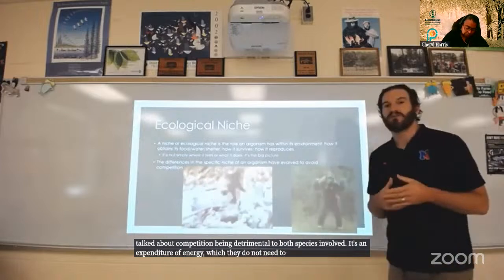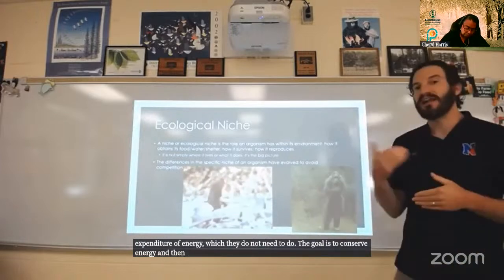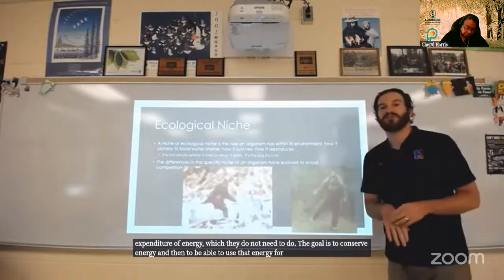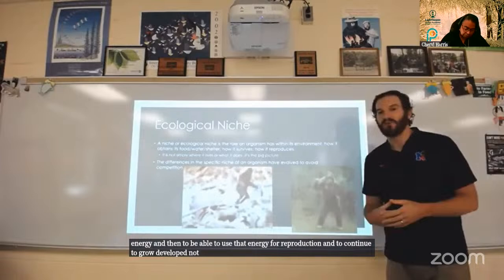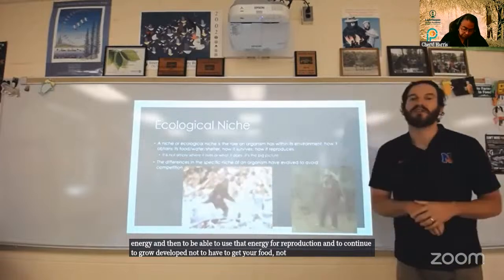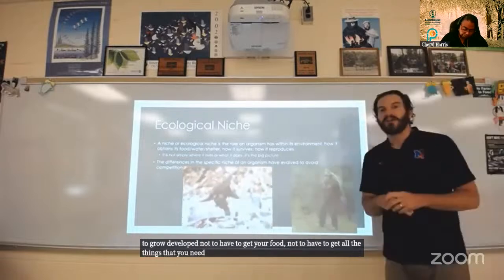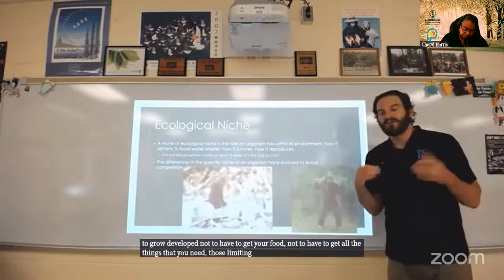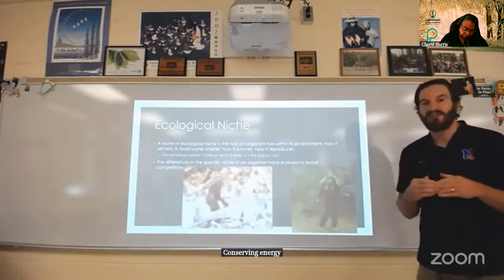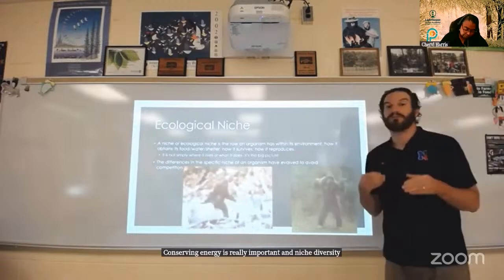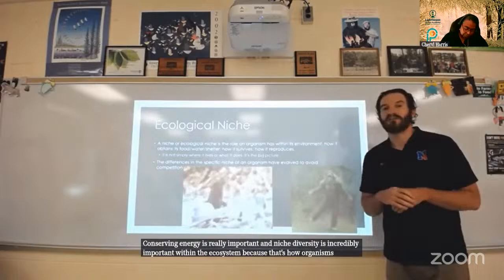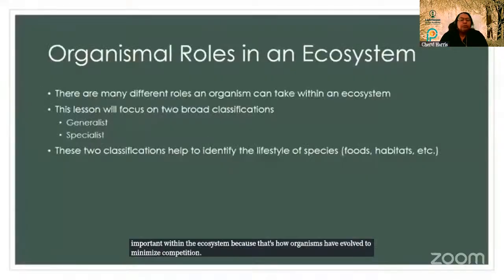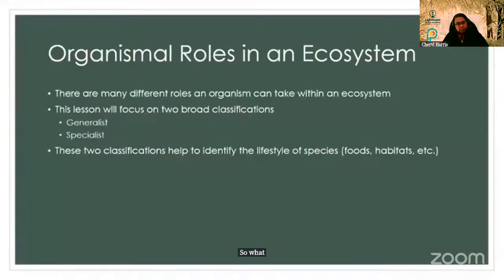The goal is to conserve energy and then to be able to use that energy for reproduction and to continue to grow and develop, not to have to get your food, not to have to get all the things that you need as limiting factors. So conserving energy is really important, and niche diversity is incredibly important within an ecosystem because that's how organisms have evolved to minimize competition. So what are some examples of roles within an ecosystem?